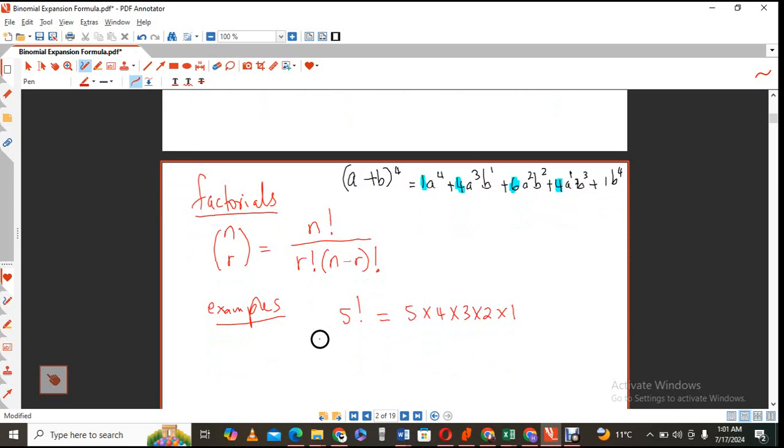So if you have, for example, 5 factorial divided by 2 factorial, well, of course, this is nothing but the same way that I did it over there, then you multiply with 2 times 1.